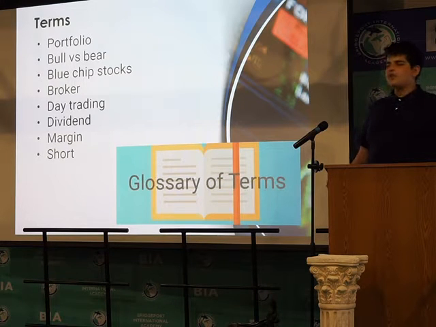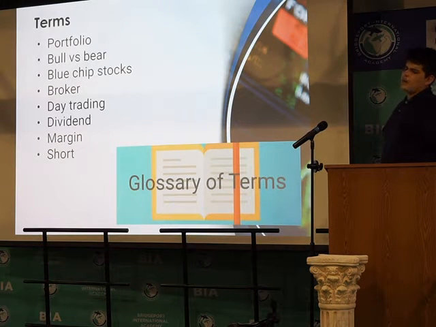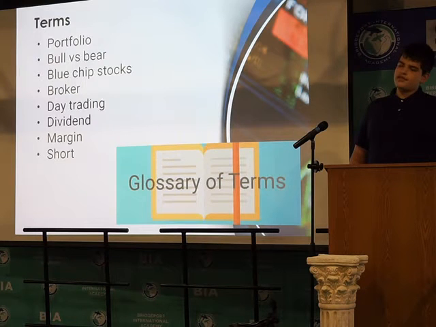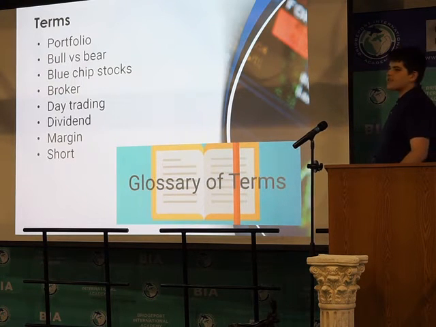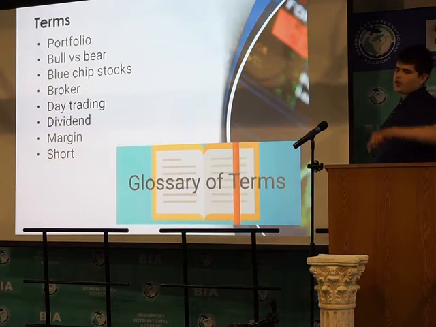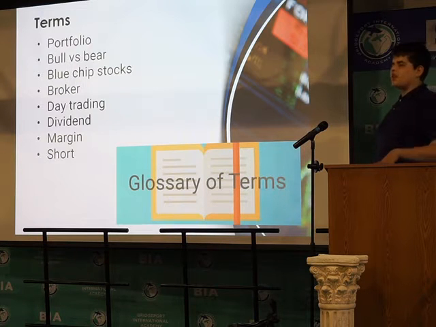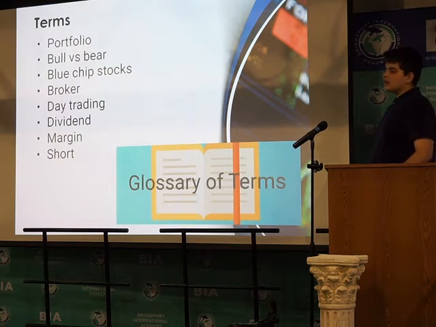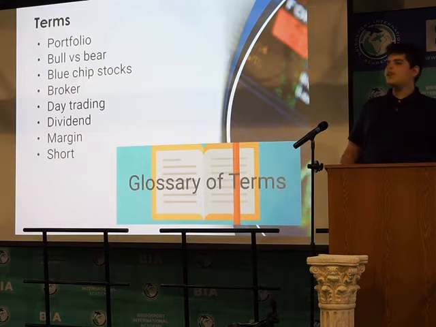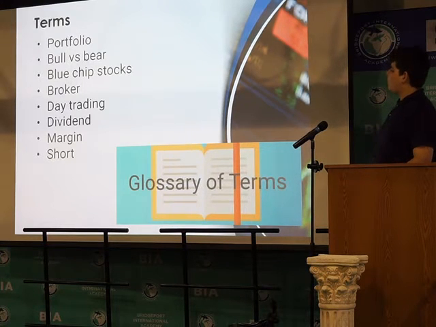Then shorting a stock, which means you bet against it. Most of the time you'll buy a stock and say, okay, when the share price goes up, then you'll make money. But if you think it's a bad stock, like a company that's failing, you might short it or put it.